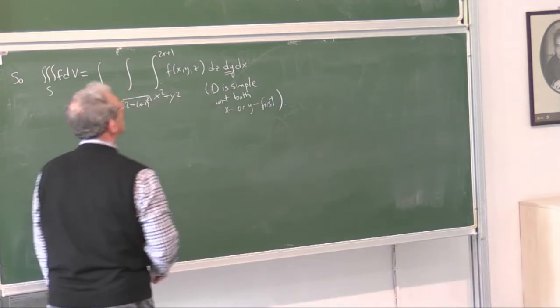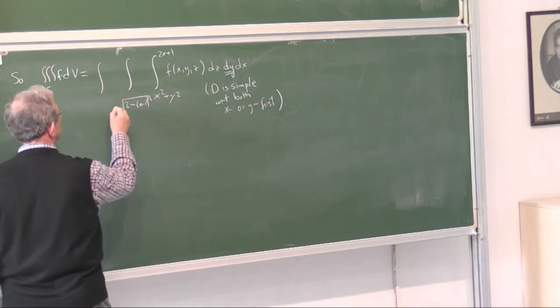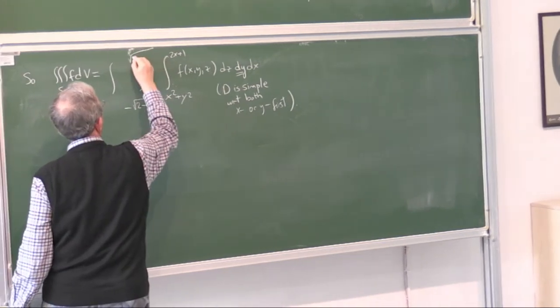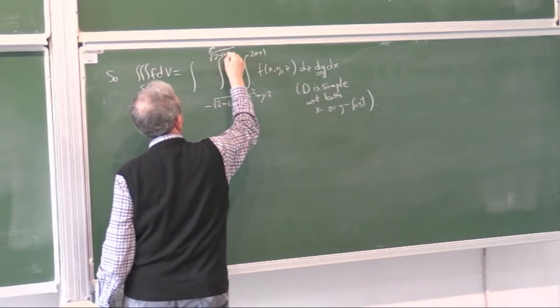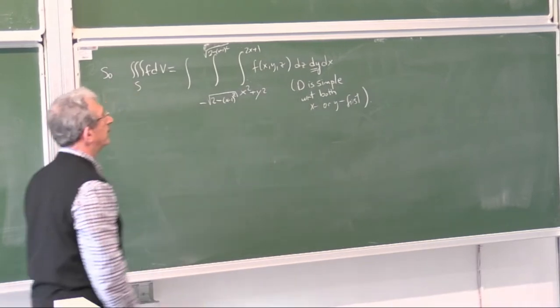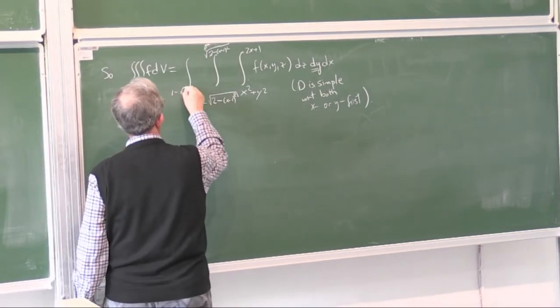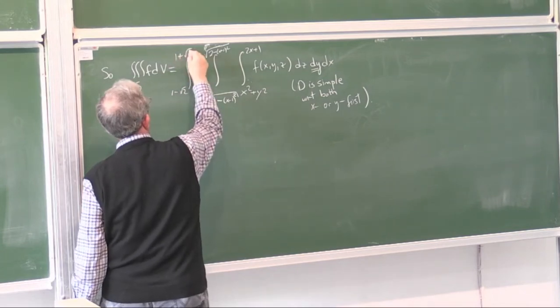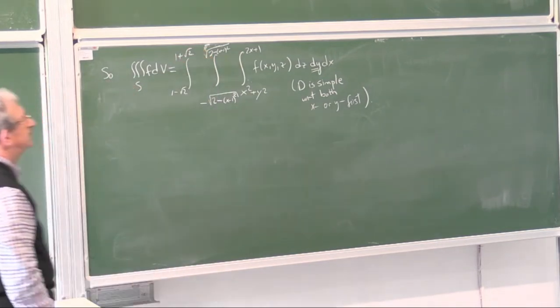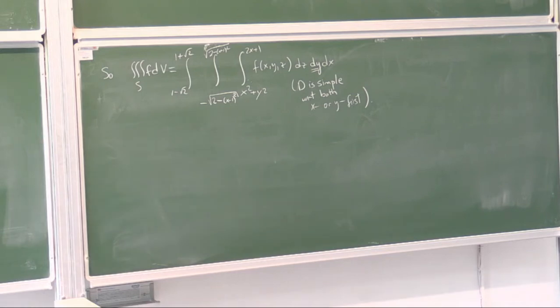But at the bottom, you have the negative of it. At the top, you have the positive of it. In the meantime, x changes from 1 minus root 2 up to 1 plus root 2. So this is a standard way of writing it.